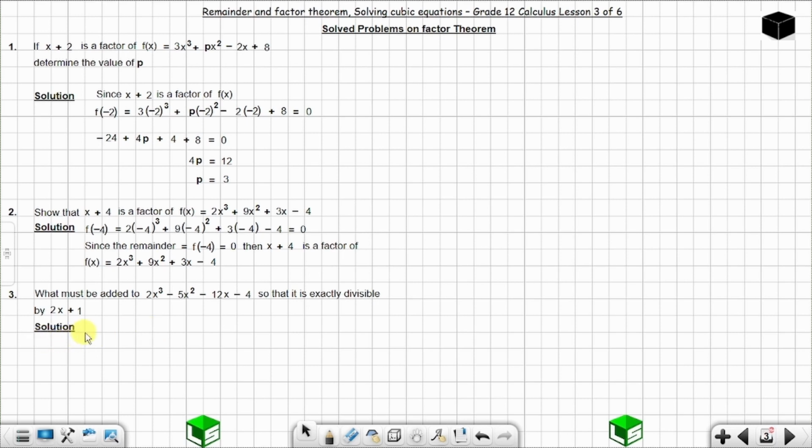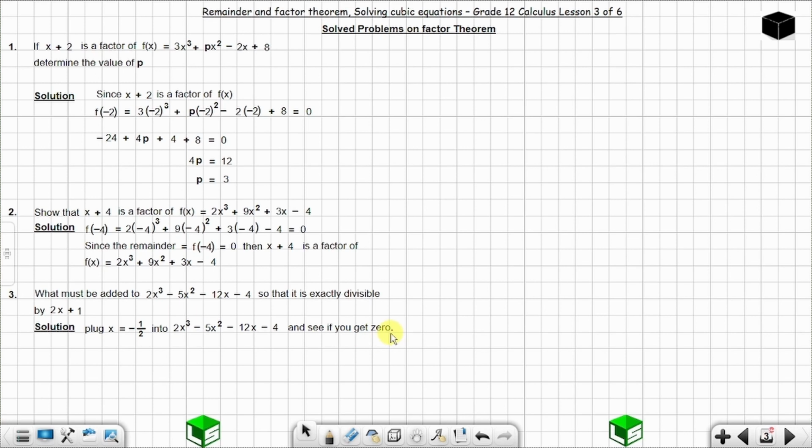So let's solve this question. Solution: you are going to plug x is equal to negative 1 over 2 into this, which is your f of x, and see if you get 0.